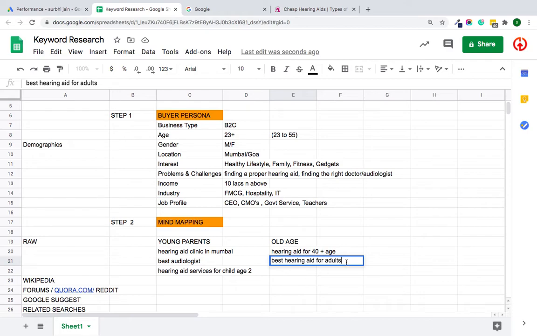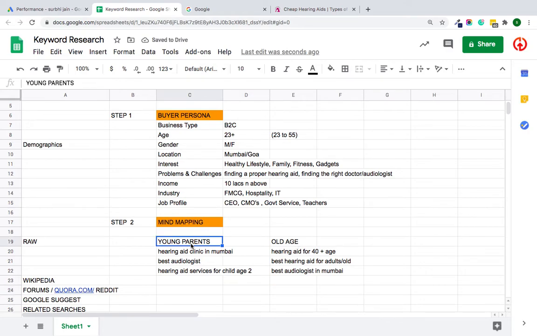It could be adults, it could be olds. Now here we are talking about Mumbai, so majorly the keywords would be local keywords more or less. Best audiologists in Mumbai. Such kinds of keywords we'll have to find.